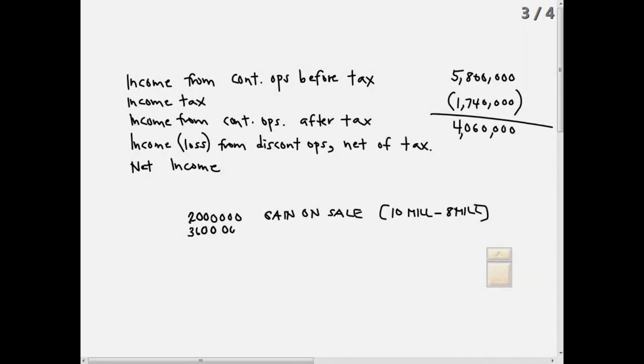Okay, the $3.6 million loss from operating the segment in 2011. Okay. So I was at 1.6.